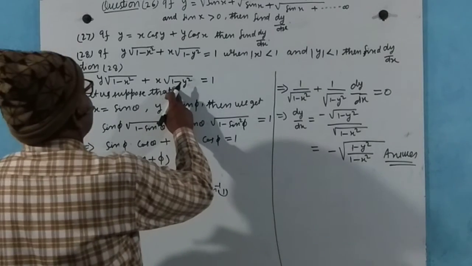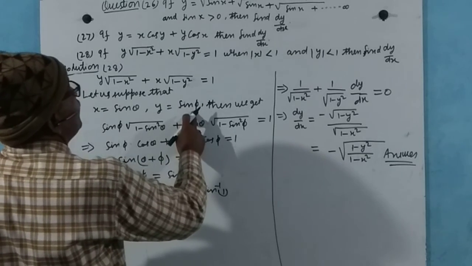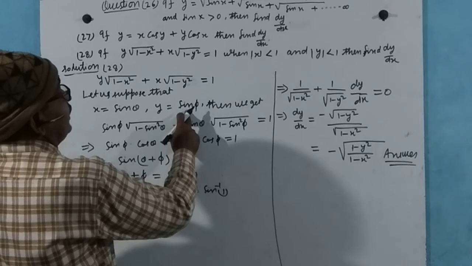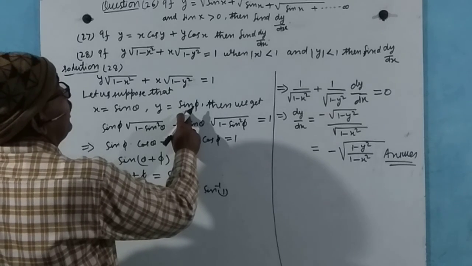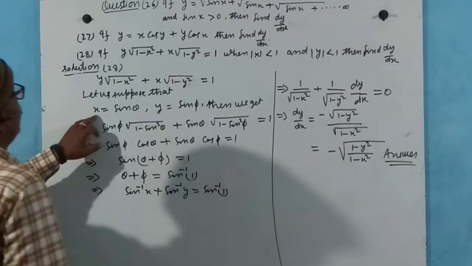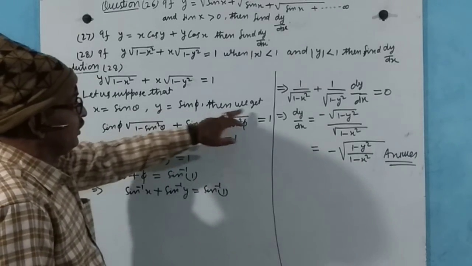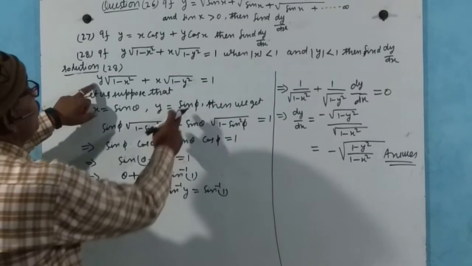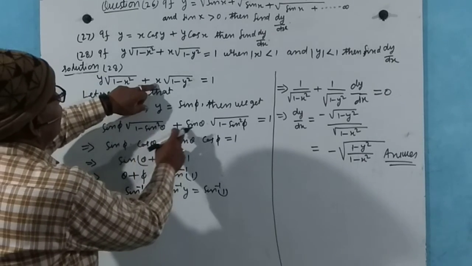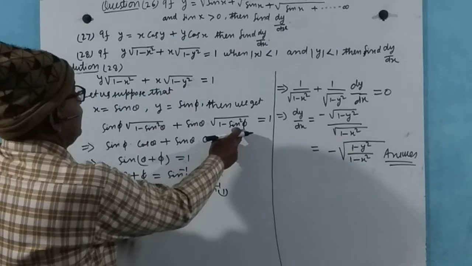Similarly, y equals sin phi, so 1 minus y square is 1 minus sin square phi, which is cos square phi, and under root is simply cos phi. Putting x equals sin theta and y equals sin phi, we get sin phi under root 1 minus sin square theta plus sin theta under root 1 minus sin square phi.